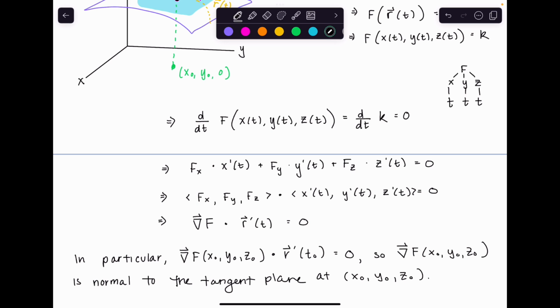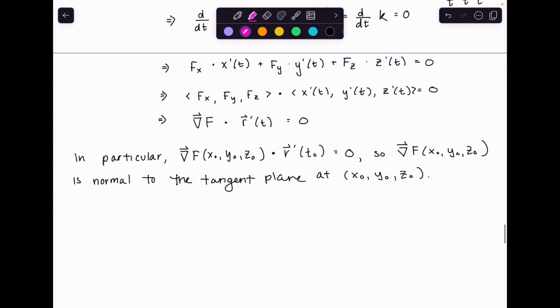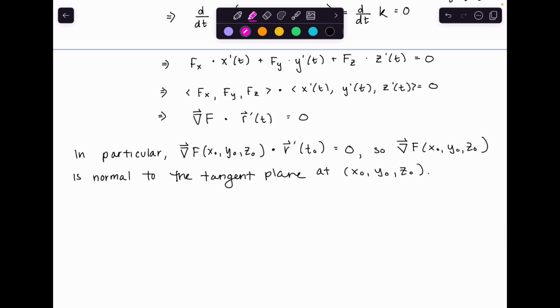This vector r prime is tangent at the point x naught, y naught, z naught, so it lies in the tangent plane. So if I'm looking for the normal vector of a tangent plane, it's just going to be the gradient vector. The gradient vector is normal to our surface.